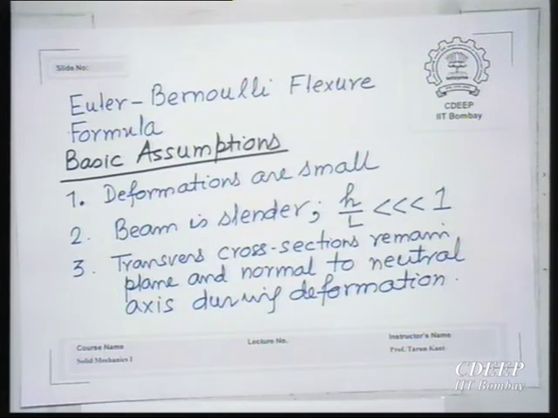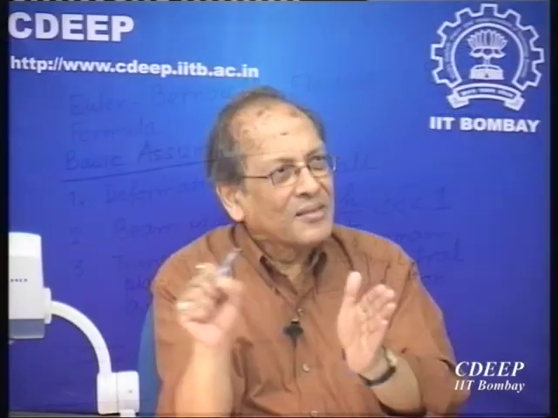Supposing I want to find out the displacement of point P at a distance z from the neutral axis. What kind of displacement? Yes, it gets displaced. It is u displacement. u is also changing with respect to z.